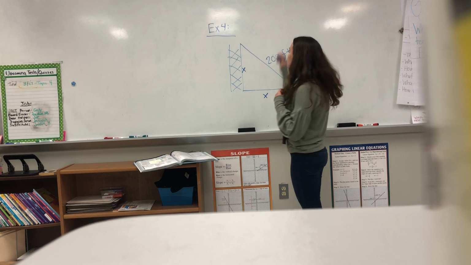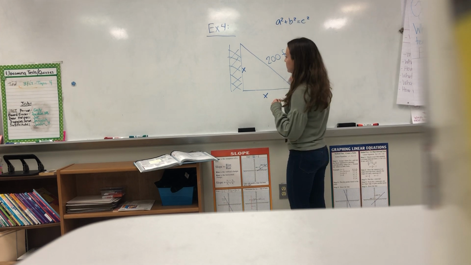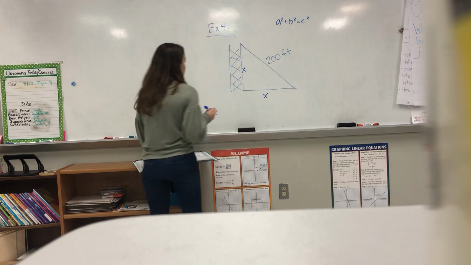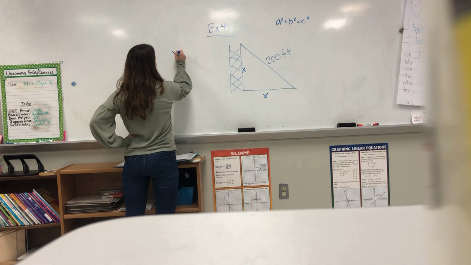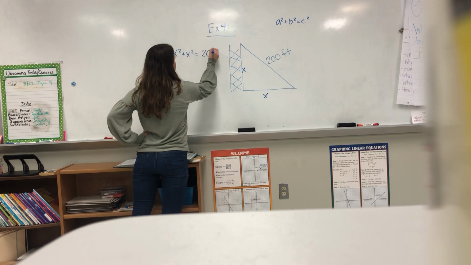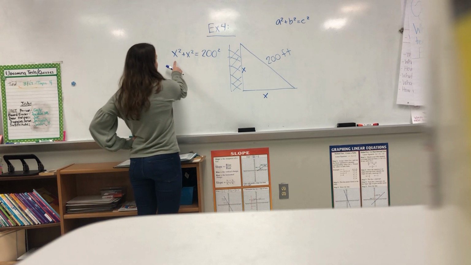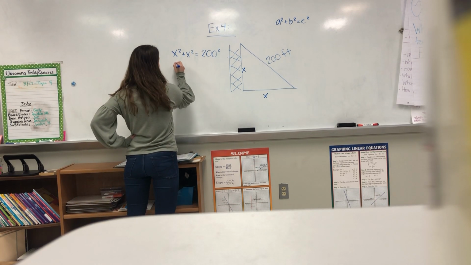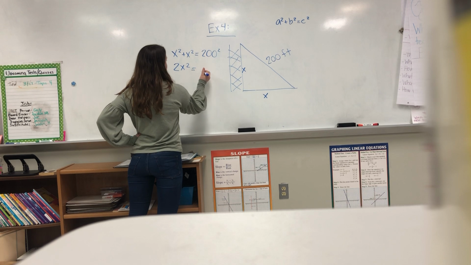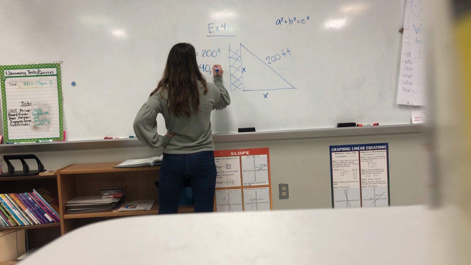Now if we need to solve this, we're going to use the Pythagorean theorem, which is a squared plus b squared equals c squared. Okay, so x squared plus x squared equals 200 squared. x squared plus x squared is 2x squared equals 40,000.